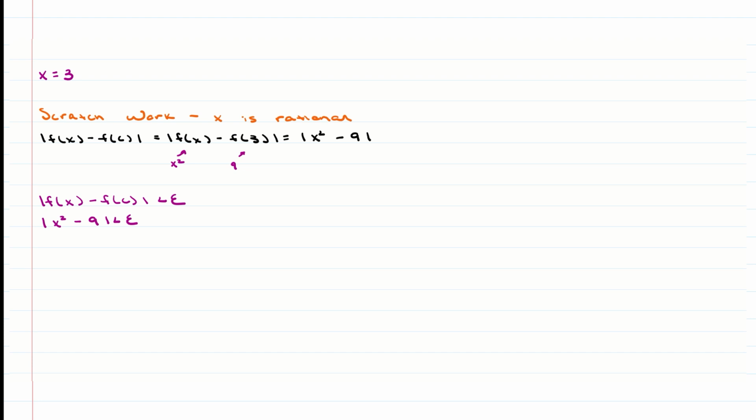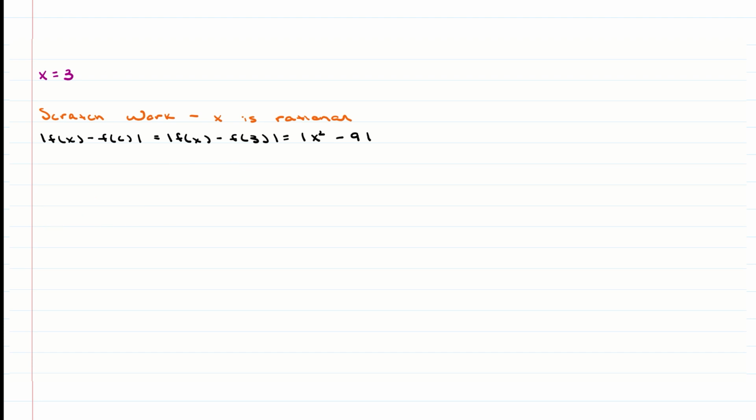So here, I want you all to take note of the fact that it's going to be kind of hard to keep the absolute value of x squared minus 9 less than epsilon, especially given that epsilon can be, and typically is, an arbitrarily small number, and x squared minus 9 has the potential to be a really big number because x is being squared, right? So we need to put a constraint on x, or rather the range of x, to ensure that the absolute value of x squared minus 9 doesn't get too big and completely blow up our proof.